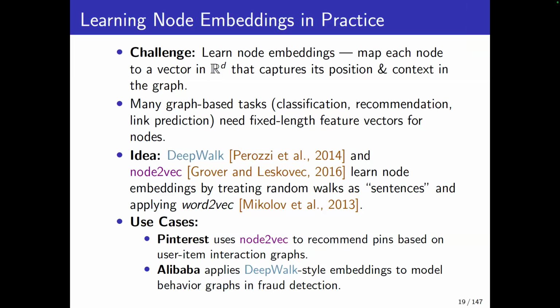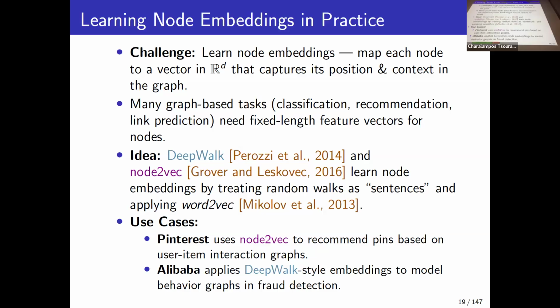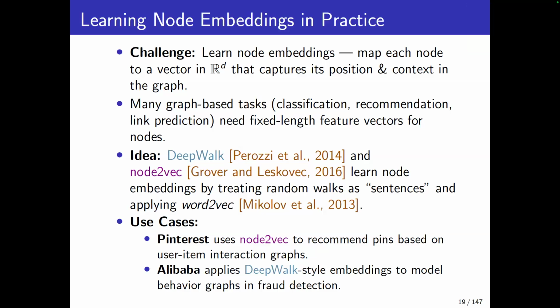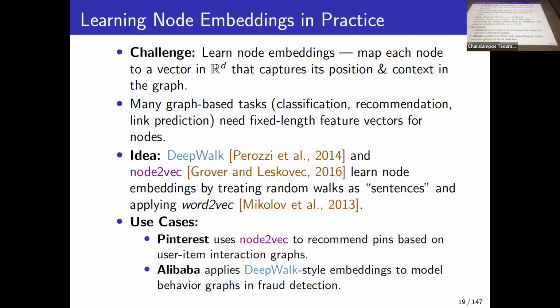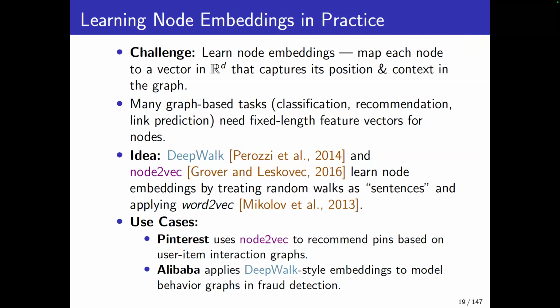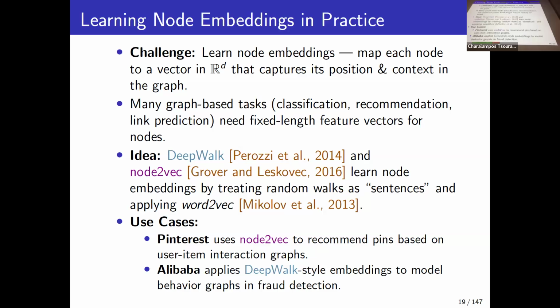And they're being used very widely on tasks like classification, recommendation, and link prediction. And there was a breakthrough, especially the first paper of DeepWalk, in the sense that these tasks had been there, and we had benchmarks, and we had performance, and then suddenly these embeddings came, and the performance improved by a lot. Then we had Node2Vec and other unsupervised node embeddings.